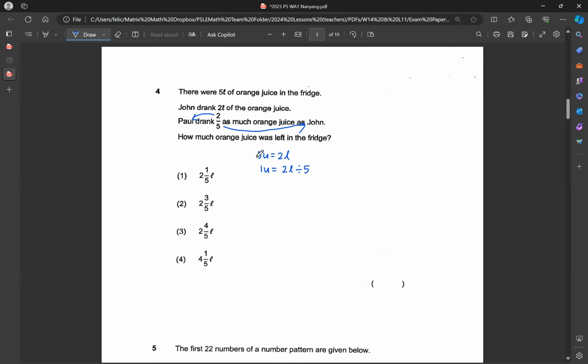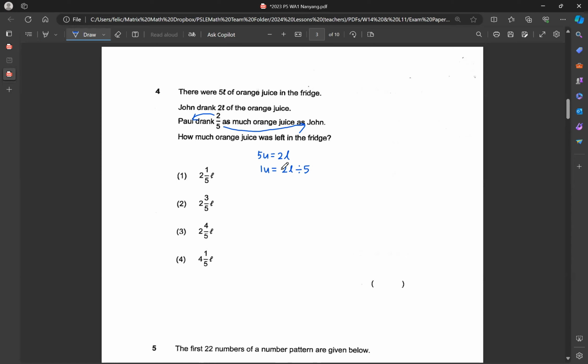One quick way to help you understand this is 5 divided by 5 to give you 1. So the right hand side must also perform divide by 5 to the 2 here. So 2 liters divided by 5. Do not need to change to milliliters. Please leave it as liters, as you notice that all the options here are shown in liters. What this question is testing you on is the relationship between a division and a fraction.